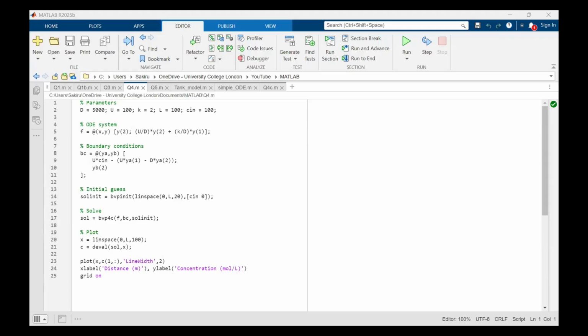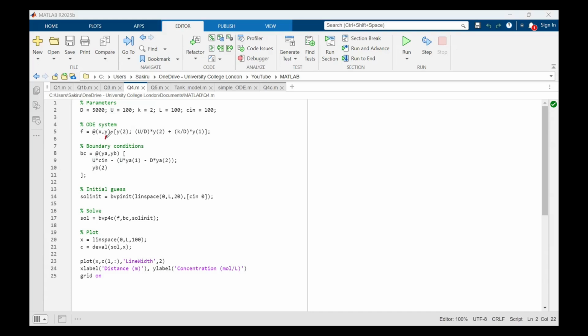Okay, so first you define the parameters that we have: the diffusion coefficient D, u, K, L, and C in, and then you write the equation, the ODE. Again, you write it as an anonymous function, where the function takes x and y.